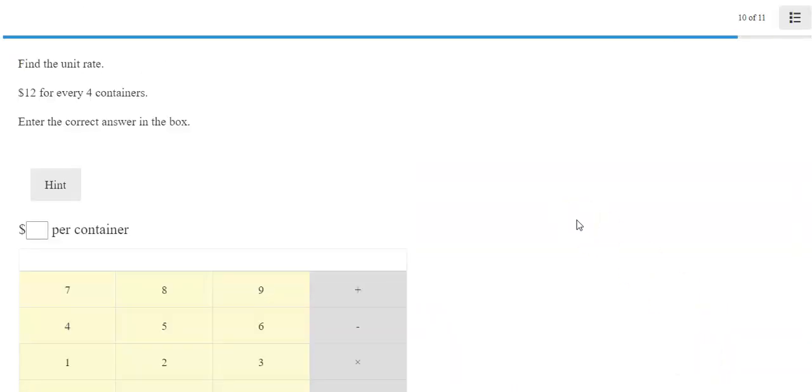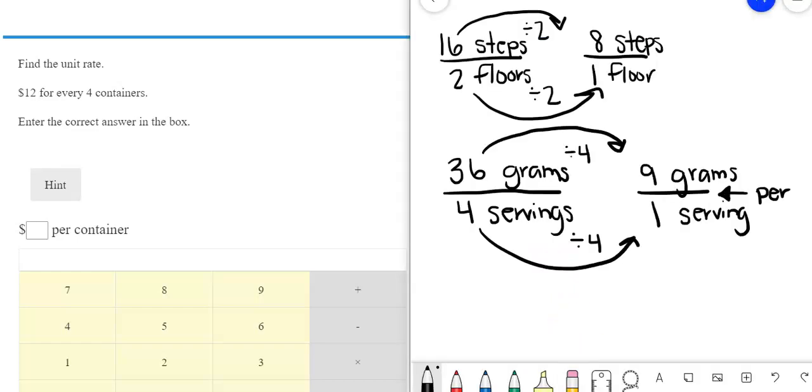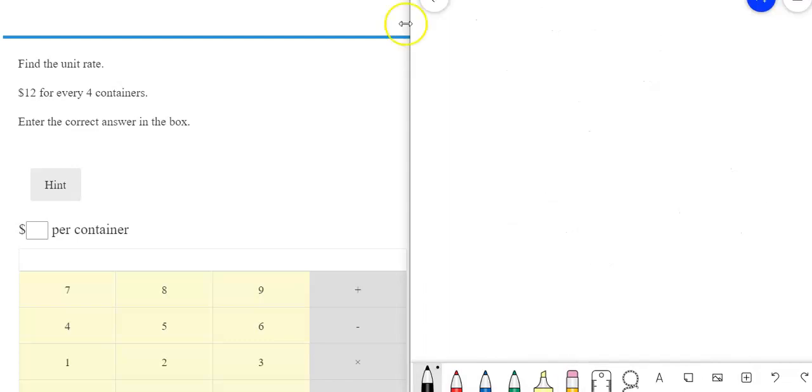Find the unit rate. Oh, let me clear this off. I ran out of room. It would be helpful if you guys also did that. I suggest completing it in your math book. If you don't have a math book, get a piece of paper and keep your paper organized so you can always go back to it and see it. So you spent $12 on 4 containers.